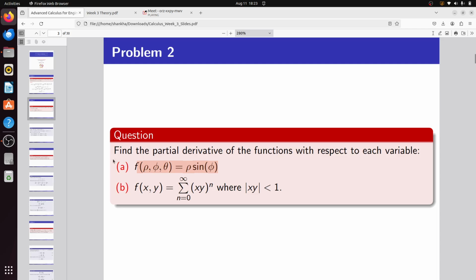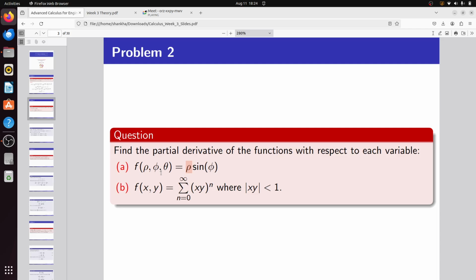For my online friends, the explanation is: f is a function of rho, phi, theta, and del f del rho, if you take the partial derivative with respect to rho, you only need the derivative of the rho part, which is 1. So you get 1 into sin phi, so the answer is sin phi. Now del f del phi is rho into cosine phi.